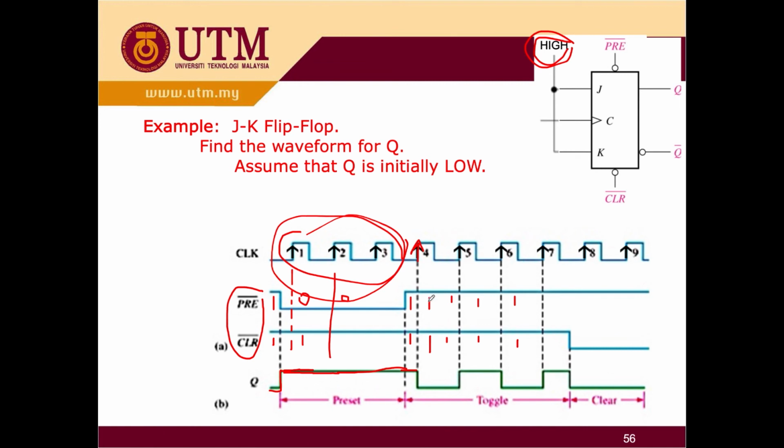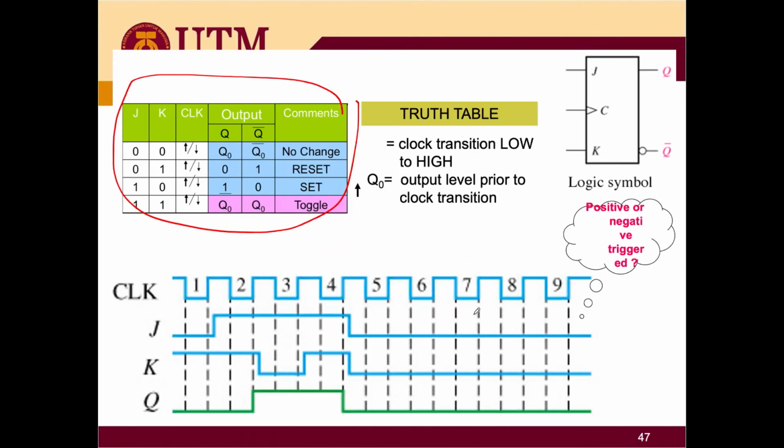But when you have the changes on your clock over here, you need to see your JK flip-flop truth tables. If it's 1 1, it's going to be toggle, so it will toggle the value of your JK input. You can see over here, this one is high, so that's why you're going to toggle from your previous output. Then after that over here is similar also. You will have the toggle if it's 1 1. If not sure, I also not sure.